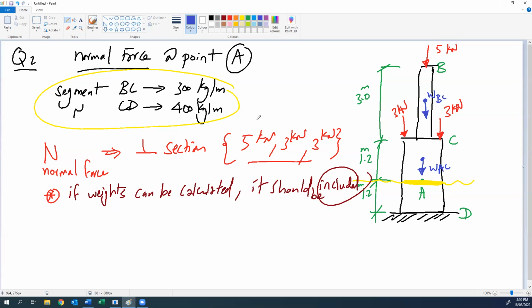So I will add two weights here, WBC and WAC, to the calculation. How can we calculate WBC? How can we calculate the weight of part BC?